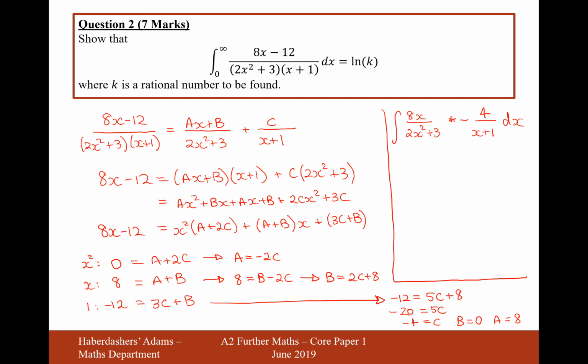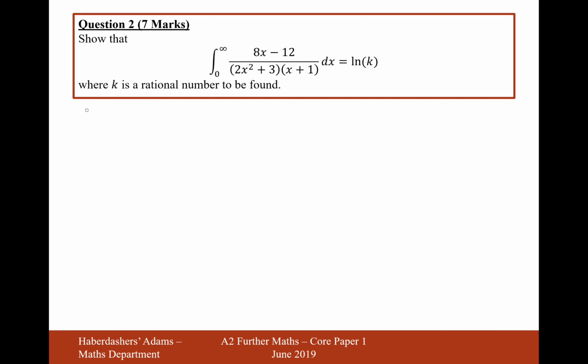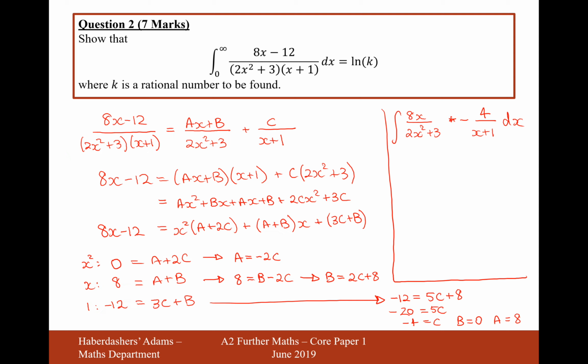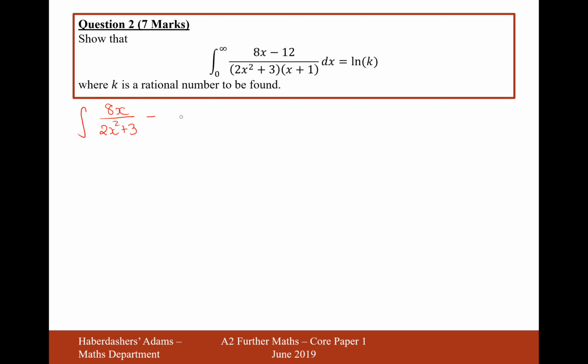Okay, let's give ourselves a bit more space to work out that integral. So it's going to be 8x over 2x squared plus 3 minus 4 over x plus 1. And this is now going to be an integral from infinity to 0, so let's deal with this bit here.